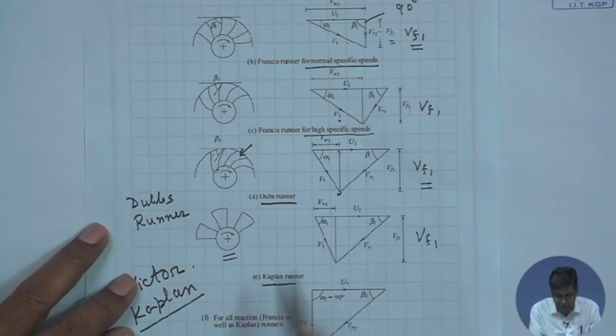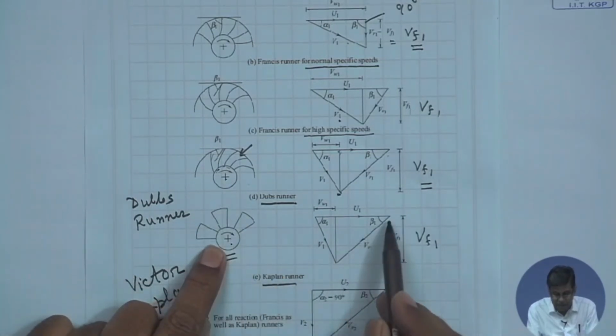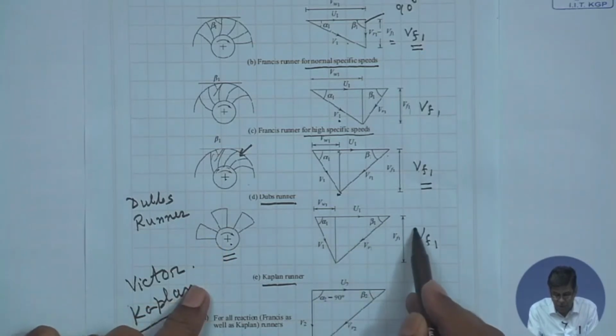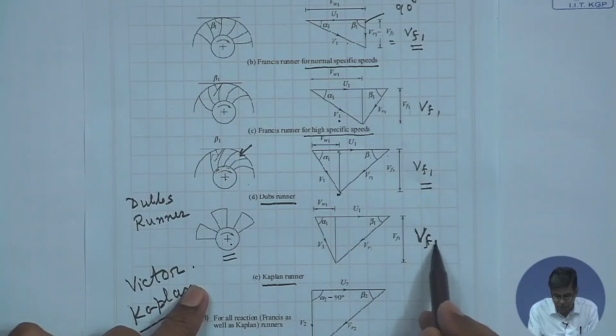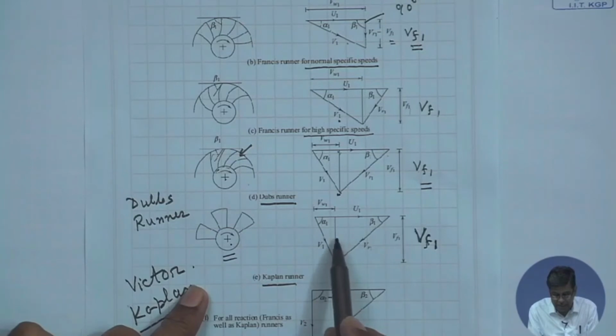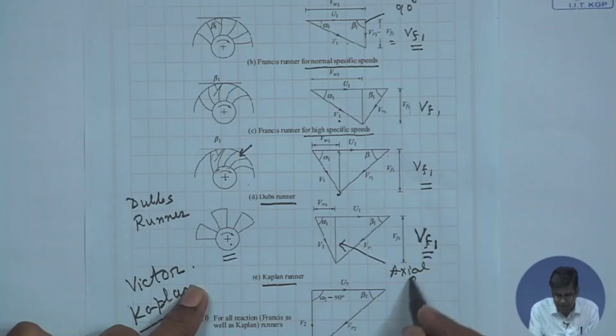But in case of Kaplan runner, the inlet is also axial. So this component which we call flow velocity, that is the velocity in the direction of flow, perpendicular to the tangential direction, is axial. That is the difference.